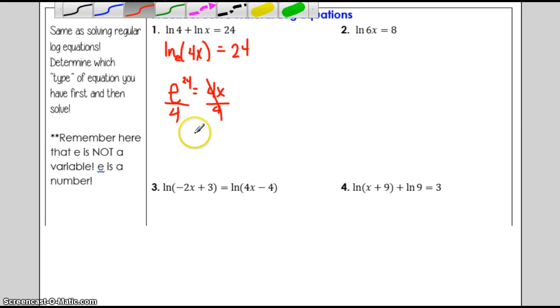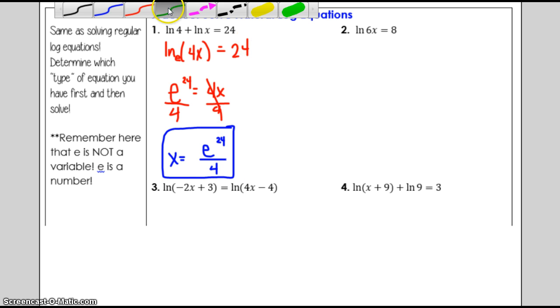There is a button on your calculator. If you can't find it, look for it, or you can do a Google search and it will do it for you. But we're going to go ahead and just rewrite it and leave it in that form, actually, so you don't have to find that button. There we go. We're going to leave our answer as that.